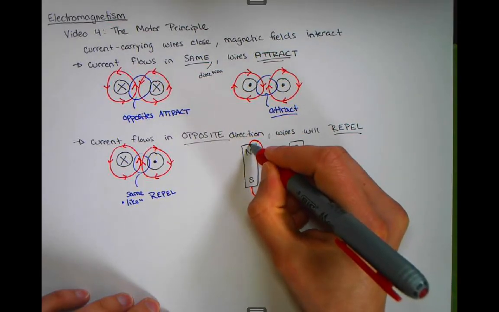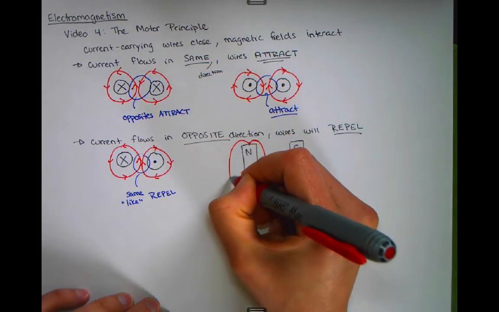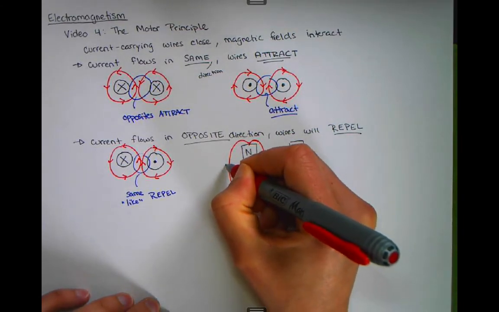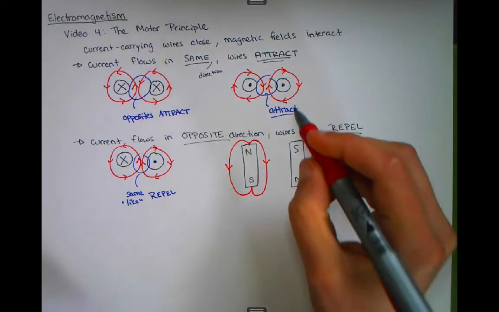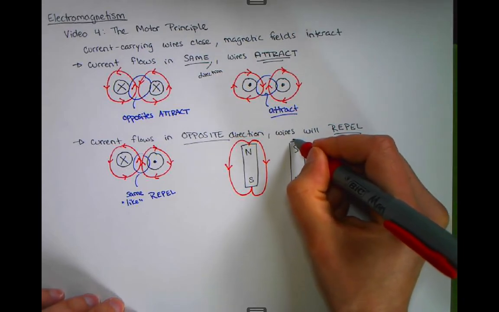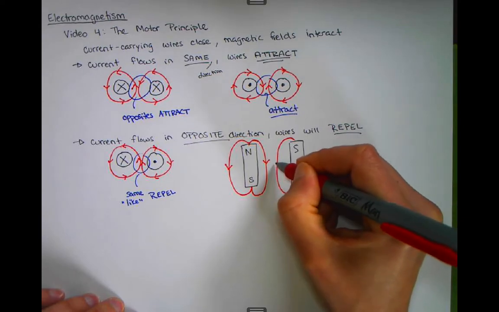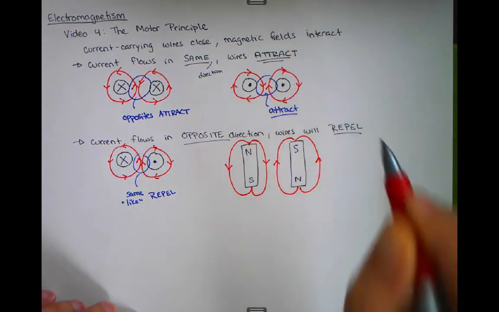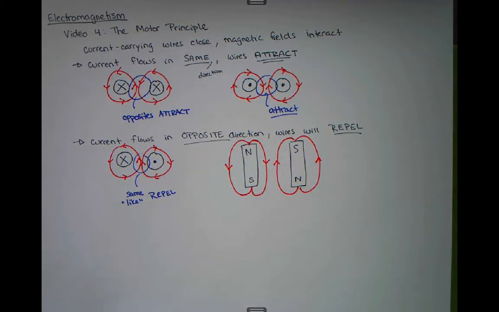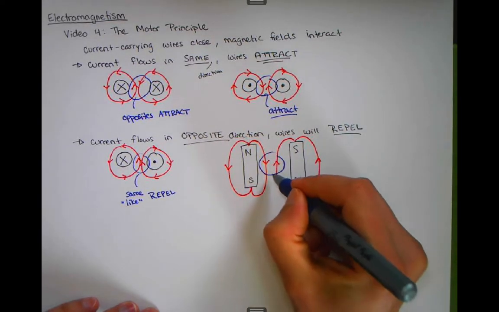So magnetic field lines go out of the north and into the south. Right? Magnetic field lines show you where your magnetic field is acting, right, in that direction. So my other one, I'm going to have out of the north into the south. So these will go in the opposite direction, out of the north into the south. So what you see here, when these are opposite, these will attract.